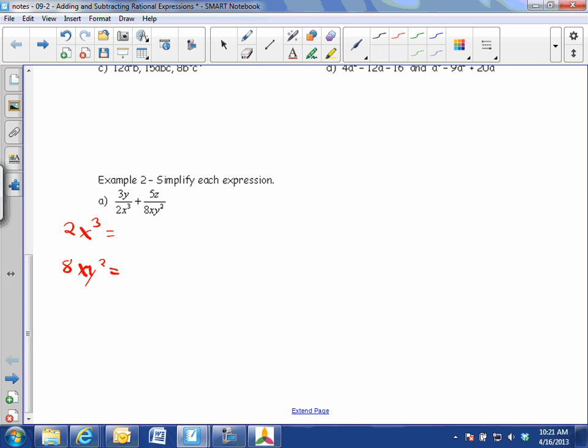We don't have to worry about unfoiling. Okay, so how can I break this guy apart? 2 and 3 x's. Okay, and how about 8? 2, x, and then y. Okay, so what is our least common denominator? 8x cubed y squared.